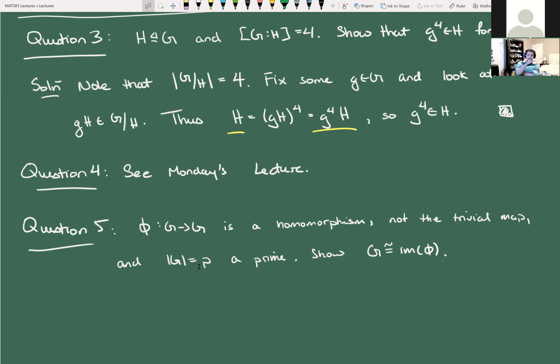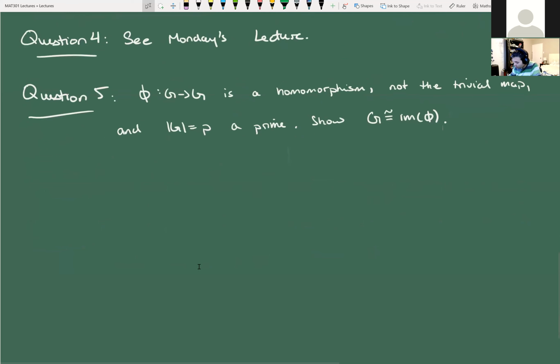It's funny actually when you think about this theorem, because obviously G is not just isomorphic to its image, but phi is in fact an automorphism, right? So in fact, we can prove that.